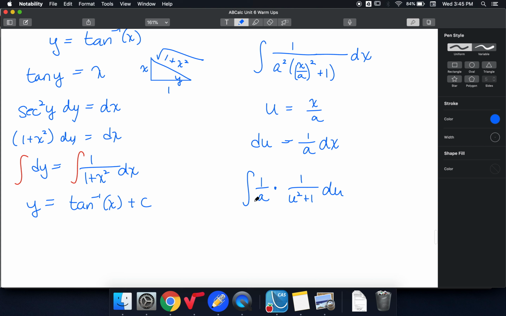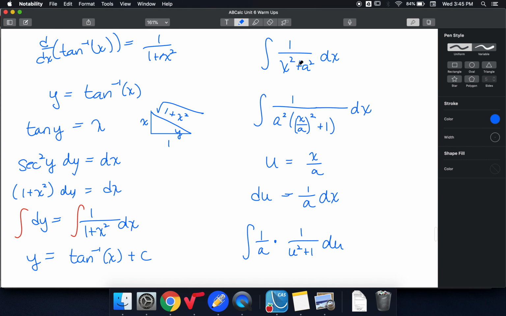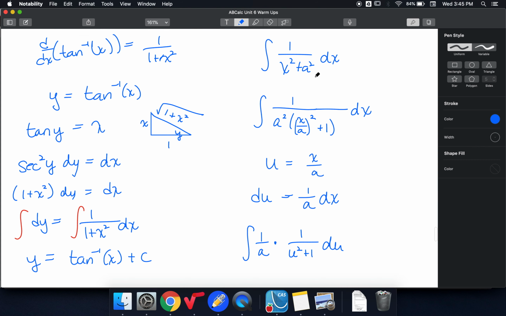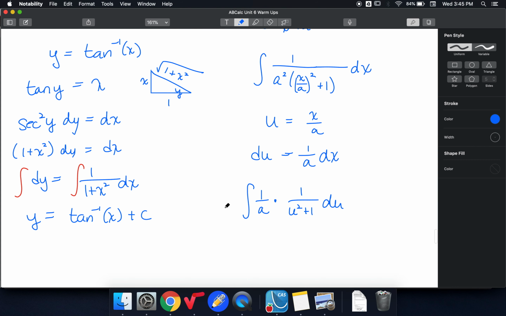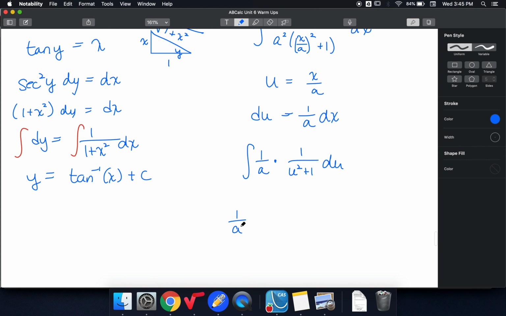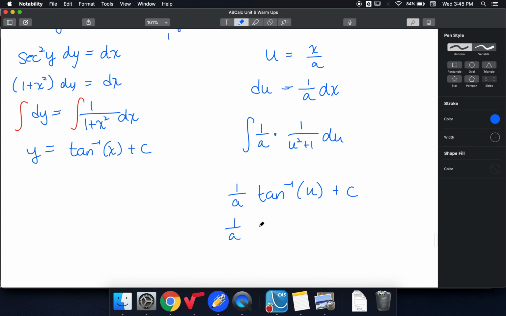So notice that this 1 over a is a constant. Whatever that number was up here, it's just a number, so I can factor that out. I'll get 1 over a, integral of 1 over u squared plus 1. Well, I know that that is just going to be arctan of u plus c. Well, I can go back then and say that originally that u value was my x over a.